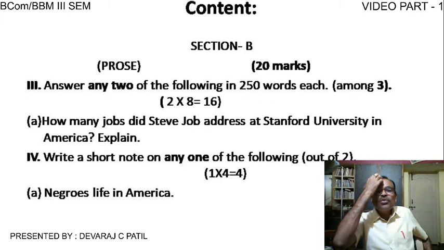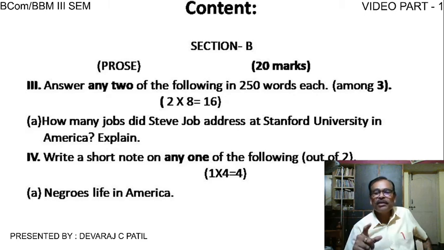And on prose, there is one question: answer any 2 of the following in 250 words each. Means you will have to answer 2. There shall be a choice. Out of 3, you will have to choose any 2 and answer them.